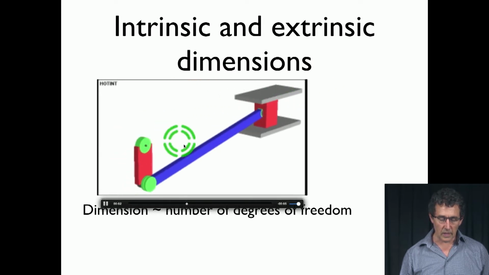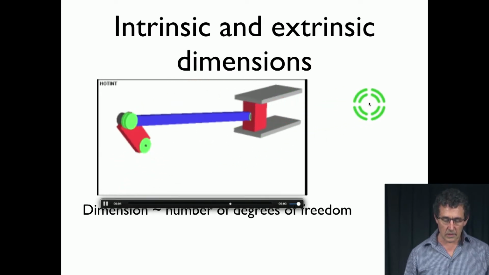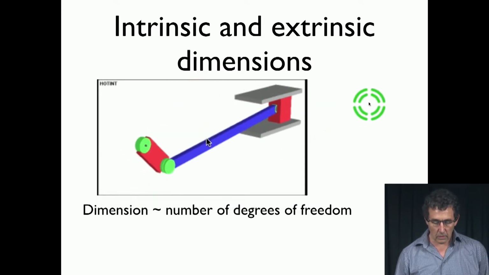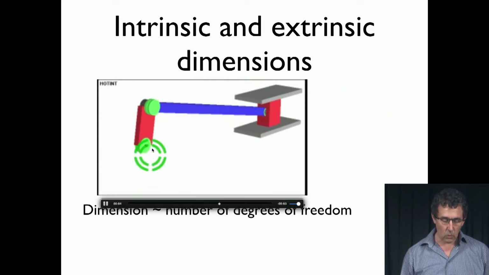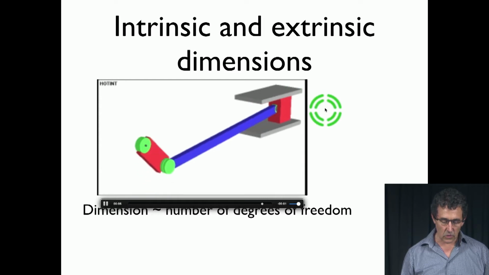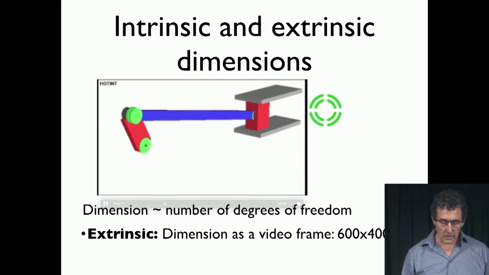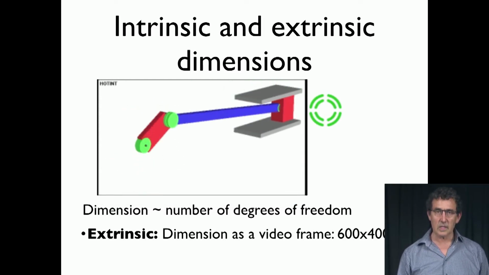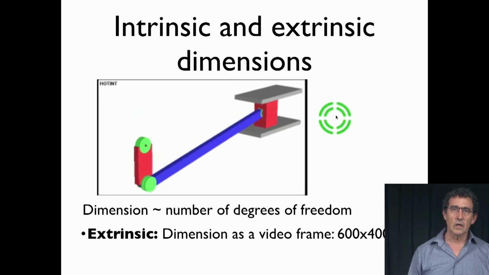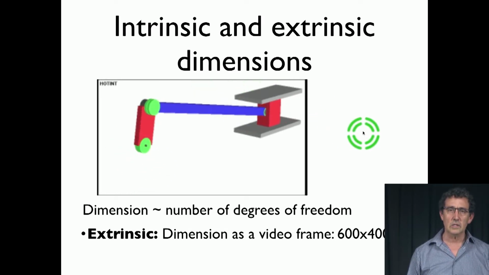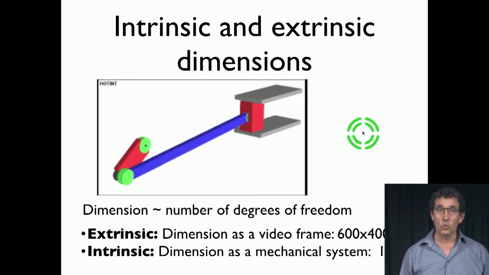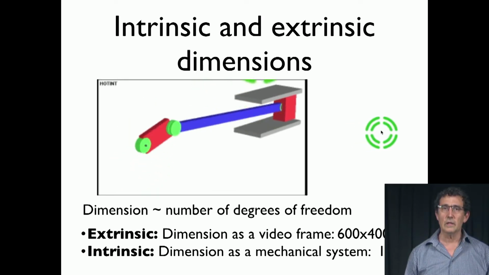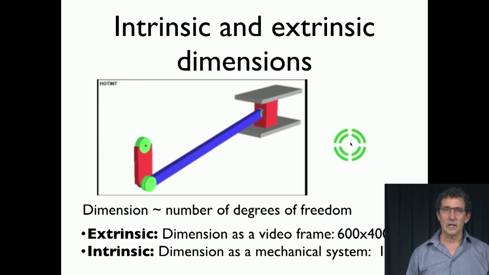If we look at the image, it is pretty high dimensional, but the piston movement is really defined by just one angle that is here. So the extrinsic dimension is 600 times 400 pixels, pretty high. But the intrinsic dimension is really just one, right? Because there's just one parameter that defines the state of the system.